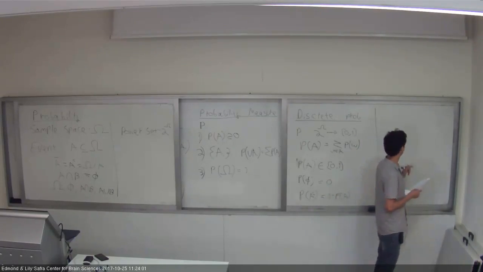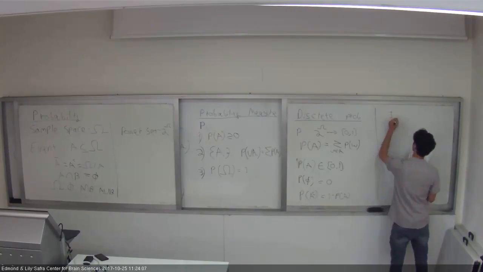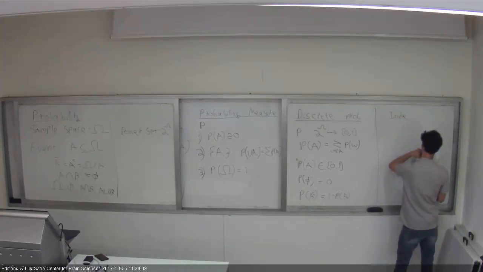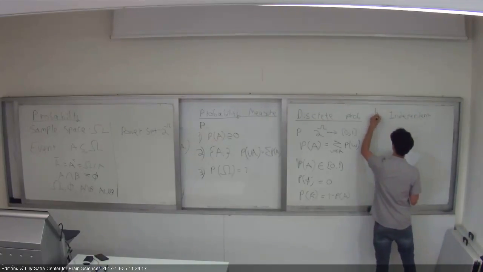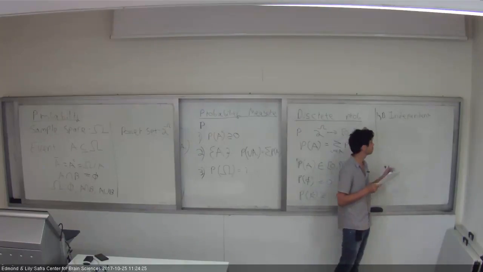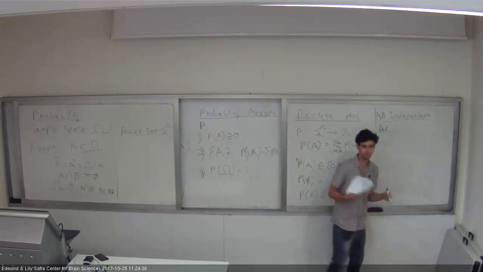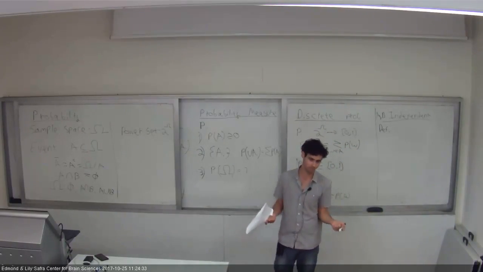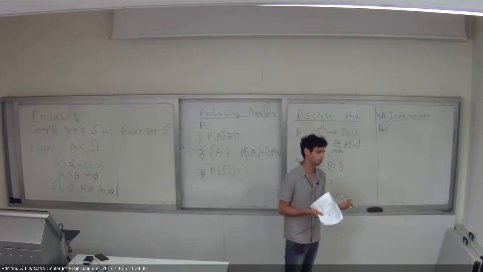We say that two events A and B are independent, this is a definition of independent, if their intersection is, what is the intersection of independent events?